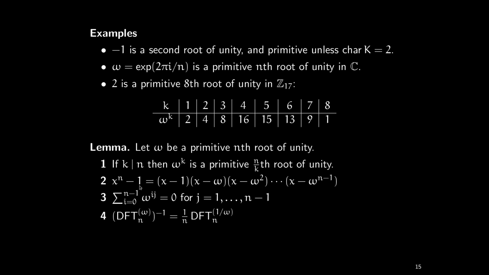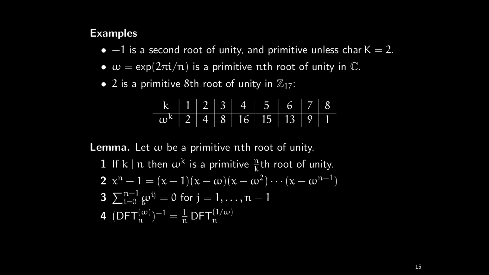So recall we are in an algebraically closed field, so x to the n minus 1 is a polynomial of degree n, so it's supposed to have n roots, possibly with multiplicities, but in this case it's really n distinct roots, and here they are. So the powers of the root of unity are the roots of this polynomial.